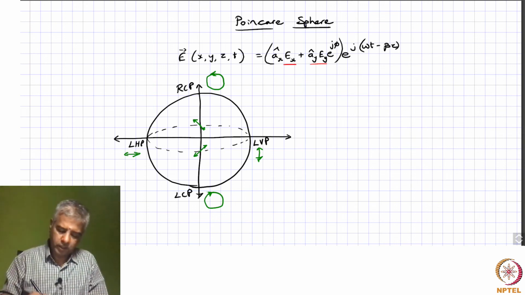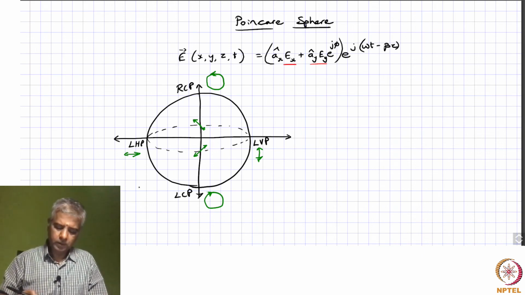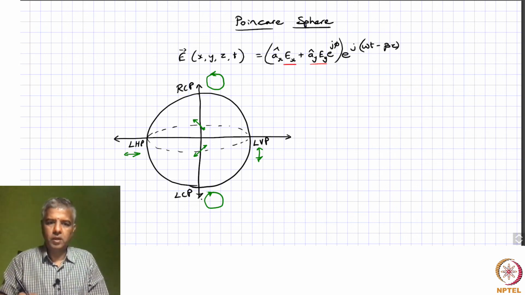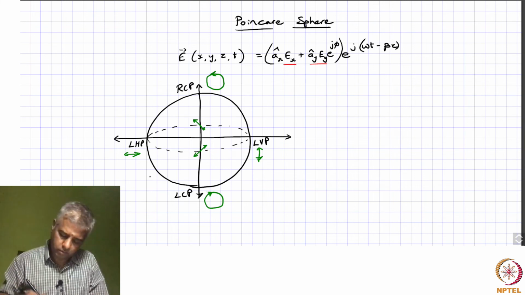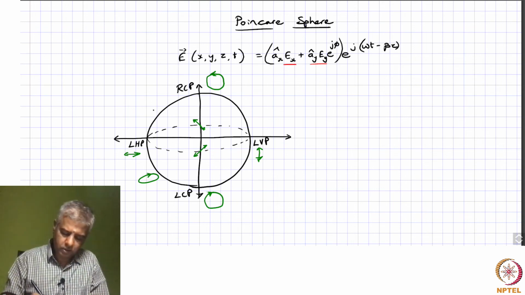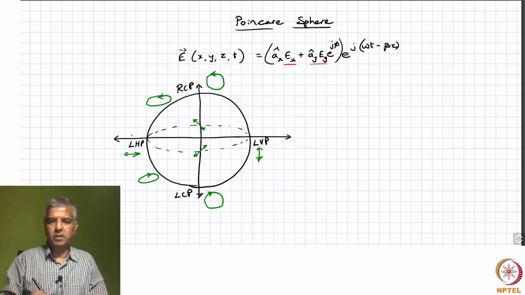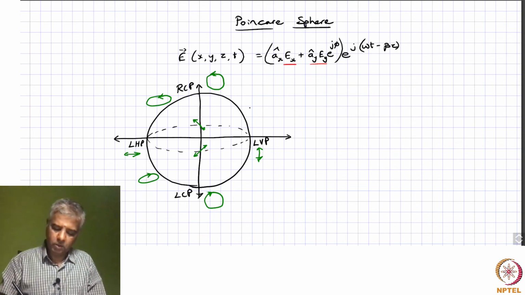Somewhere over here is going to be more towards the horizontal, and it's going to be left circularly polarized, something like this. Over here it's once again close to horizontal, but it's going to be right circularly polarized. So that's the elliptical polarization that we have, and over here it is going to be closer to the vertical polarization state.